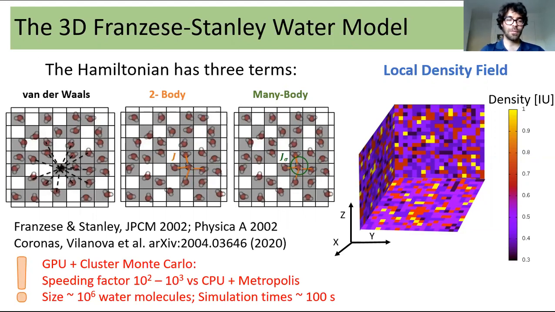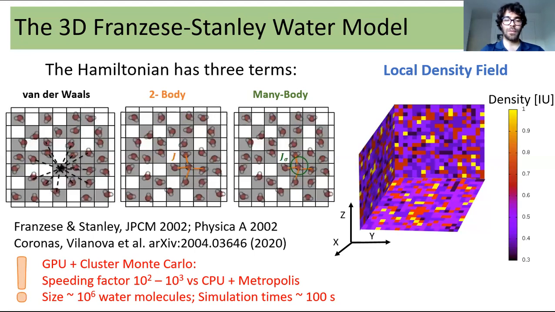The first of them is the van der Waals interaction, in which we equilibrate the average distance according to temperature and pressure conditions. And we have 2 terms for the hydrogen bond interaction. We separate a 2-body term, which accounts for the covalent contribution to the hydrogen bond interaction, and a many-body term, which represents the cooperative effect at extremely low temperatures.